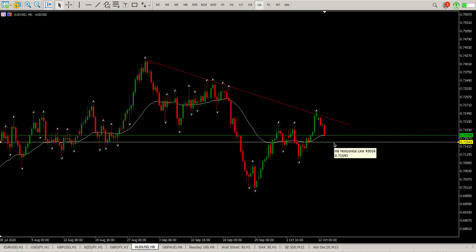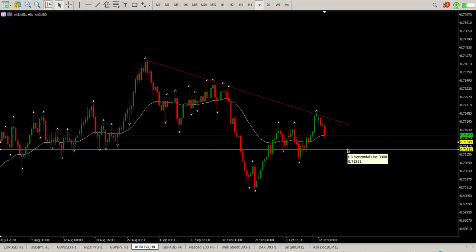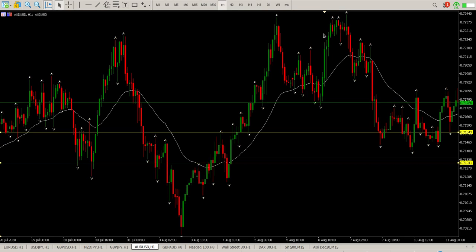So the 61.8 Fibonacci of this last move is at 0.71543. So I'm expecting a retest in this area. Look to the left, there's lots of support here. We haven't really found support at this area. Okay, so that's what I would expect. Could also drop as low as that there, which is 0.71311. That's also a possibility.